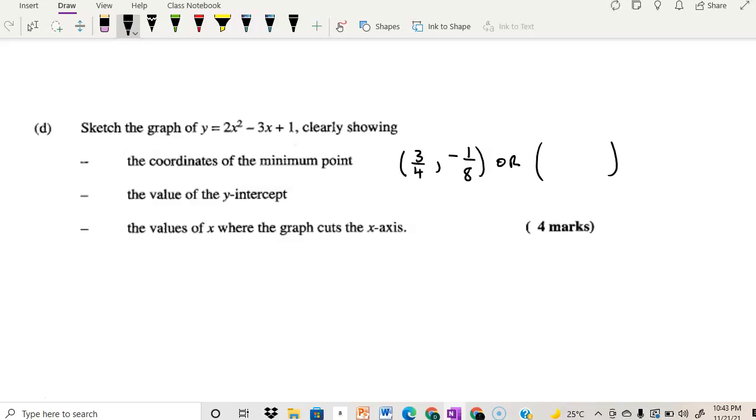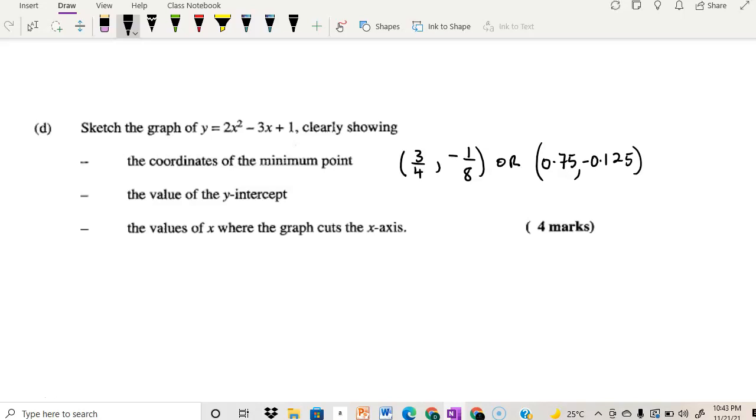So 3/4 is the same as 0.75, and -1/8 is the same as -0.125.